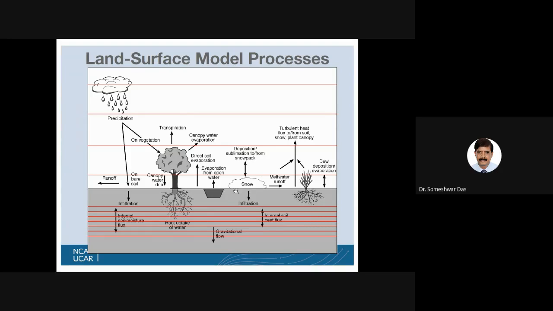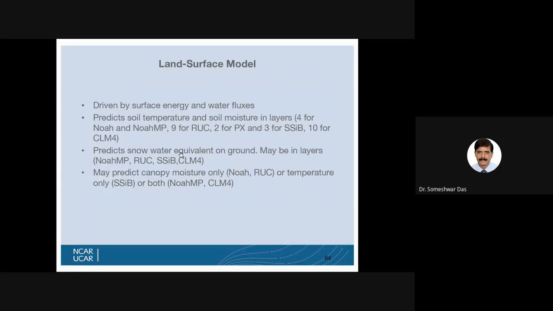If there is a snow surface, snow-covered land, then deposition and sublimation to or from the snowpack will be calculated. If there are grasses and bushes, then accordingly the calculation will also change. Deposition, evaporation, etc. from the surface will be taken into account. The turbulent heat flux to and from the soil, slope, plant canopy, etc., will be taken care of. So these are the various functions of the land surface model parameterization schemes. It is driven by surface energy and water fluxes.